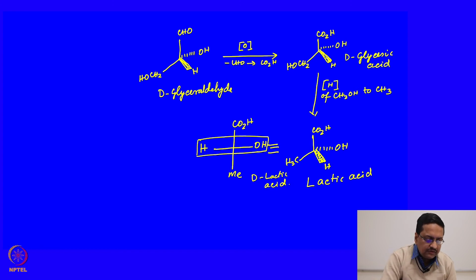But if we do a different sequence of reactions, we first reduce the CHO to methyl, what we get is this compound.